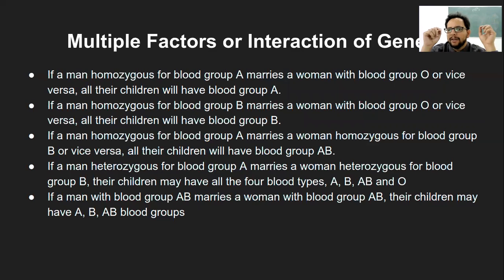But let's say A and B do not get expressed, and only O is expressed. Then the blood group of that individual will be O. Even though A and B are present, you would happily assume that the blood group will be AB, because both should express and they are dominant over O. But that may not be the case. That expression pattern has to be there.